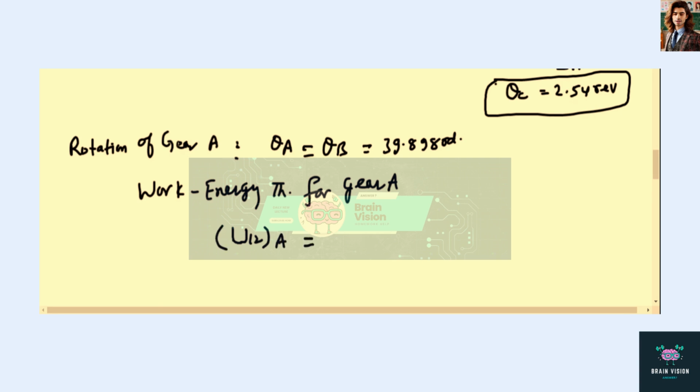This value is M A into theta A equals half I omega square, 8.64 into 10 to the power minus 3 into 37.5 pi square, minus T1A.